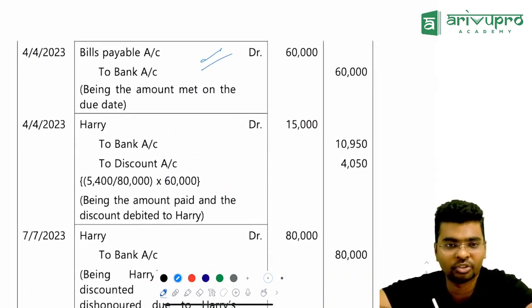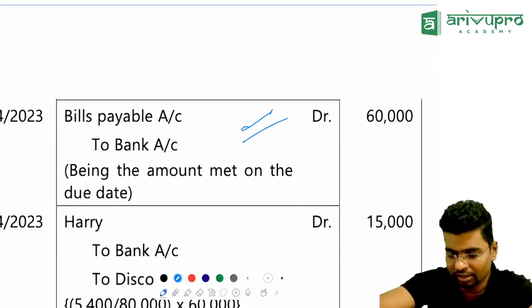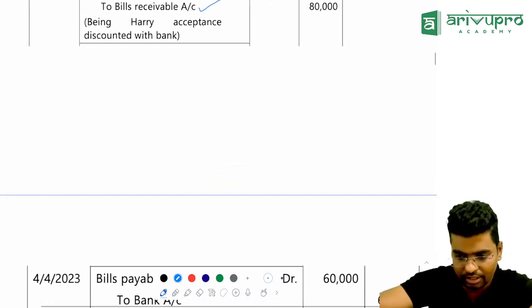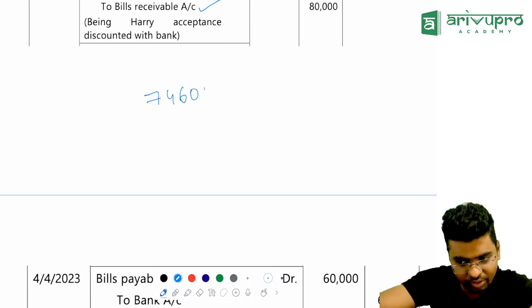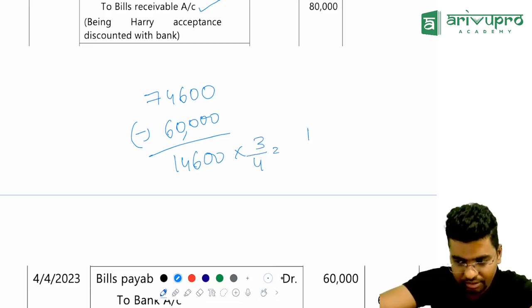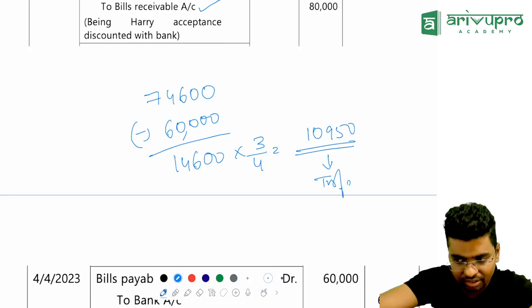Actual amount. What is the remaining amount? Look into it. 74,600 was there. In that you have paid what? What are you left with? What is 3/4 of this? 10,000 is the money which they have transferred.